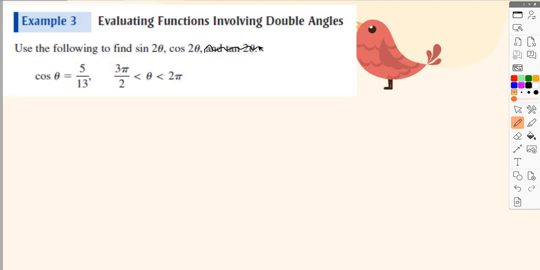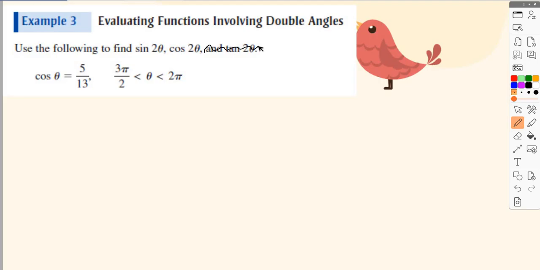Because otherwise it would take too long. Okay. So notice that we are given cosine of theta as 5/13. Now, be careful here, because a lot of people's instinct is they see a 2 theta here, like on the cosine, and they just want to multiply that by 2.